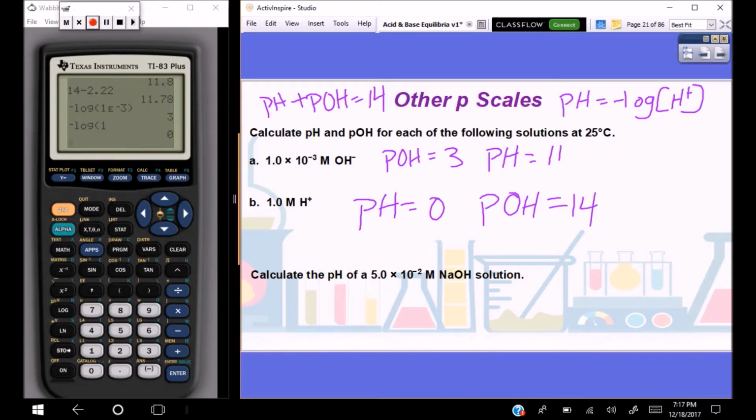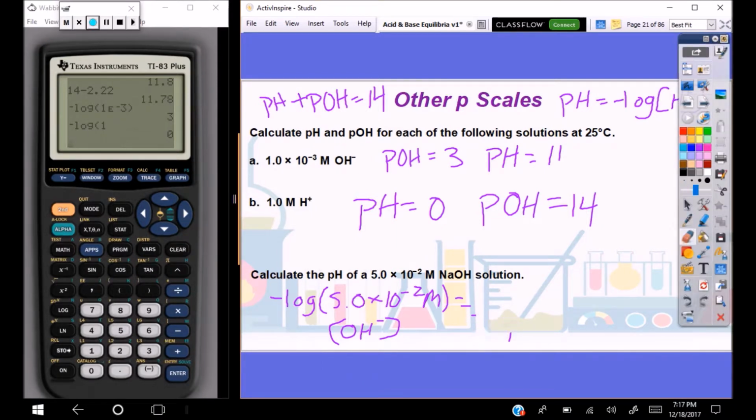All right. One more practice problem. Calculate the pH of 5.0 times 10 to the negative 2 molar sodium hydroxide. Okay. Well, negative log of my concentration. I have to be aware that this is a hydroxide concentration, right? So keep that in mind. So what I'm really finding here is pOH.